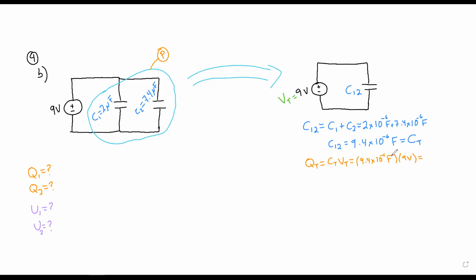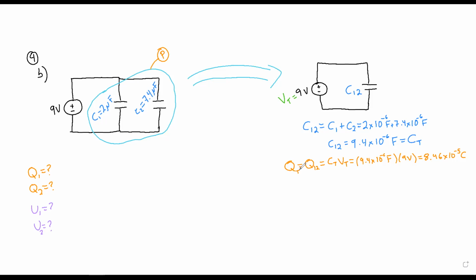I got 8.46 times 10 to the minus 5 coulombs. This is Q12, which is also the total charge.